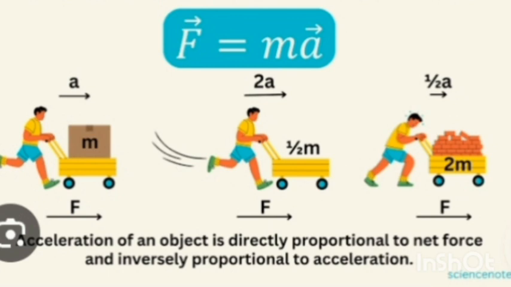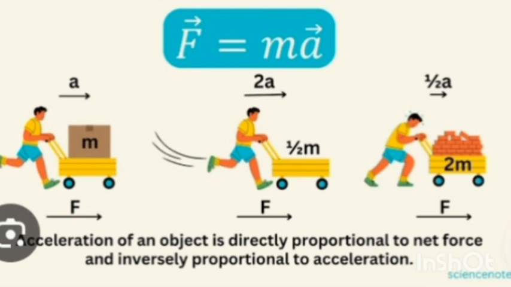If you now compare their acceleration, the man with mass M has acceleration A, the man with half M has 2A acceleration, and the man with 2M has half A acceleration.